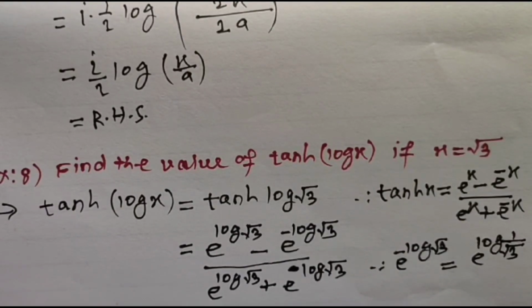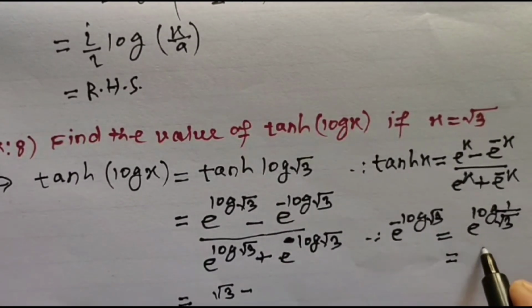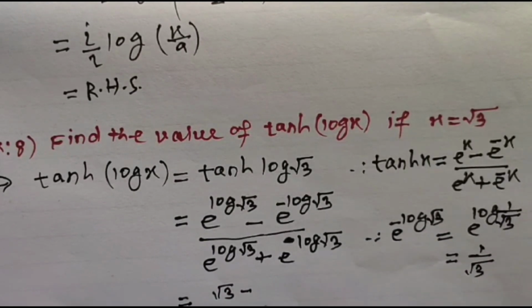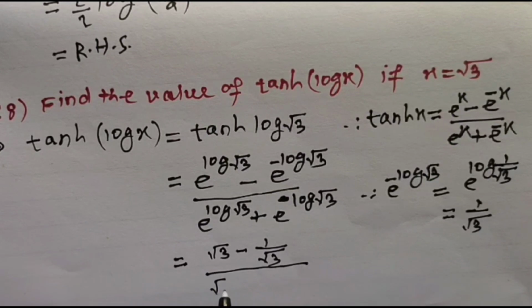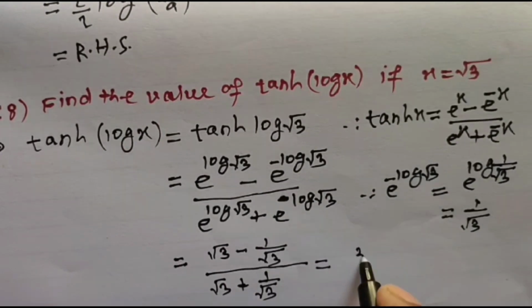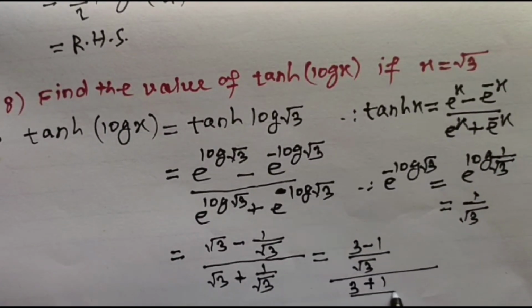This is equal to e to the power log of root 3, which means root 3, minus 1 upon root 3, divided by root 3 plus 1 upon root 3. After simplification, root 3 into root 3 is 3, minus 1, divided by root 3, and the whole divided by 3 plus 1 divided by root 3.